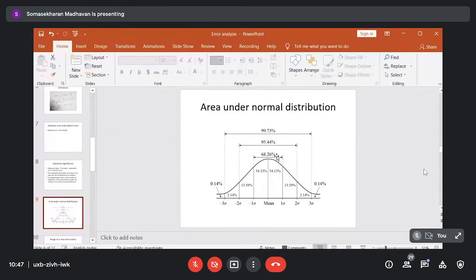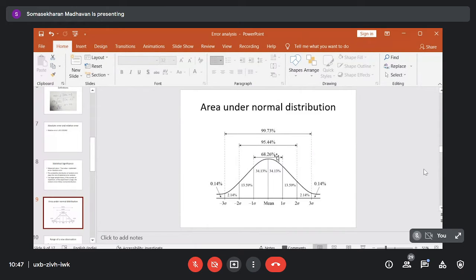So these are the area properties of the normal distribution, and we make use of this area property in error analysis. So please remember, this analysis will be true only if the error follows a normal distribution.